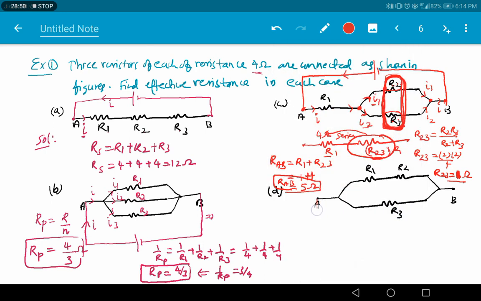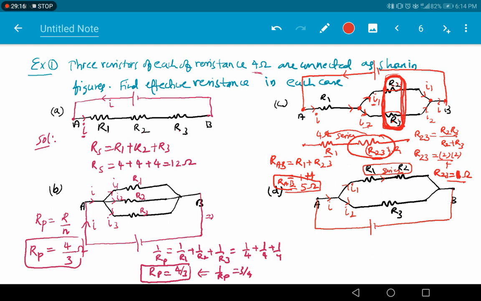Right. So now we are connecting a cell to these ends. Now the current is splitting. So I is splitting as I1 and I2. You can observe that I1 is the current in R1 and R2. That means R1 and R2 must be in which combination?